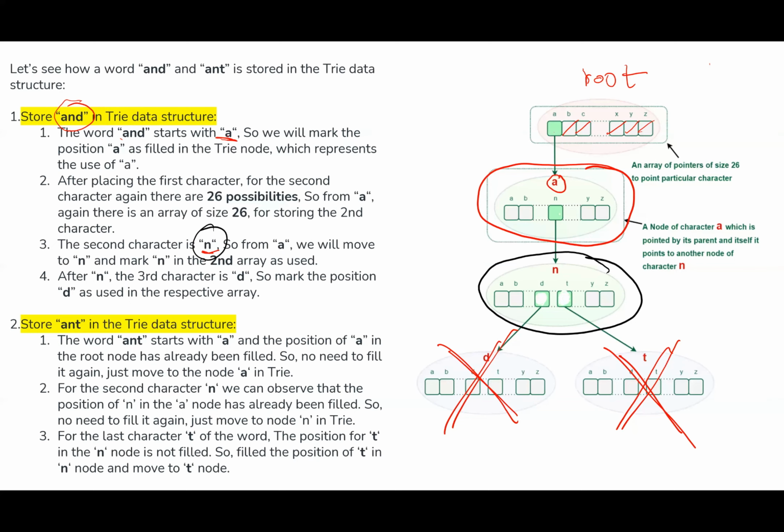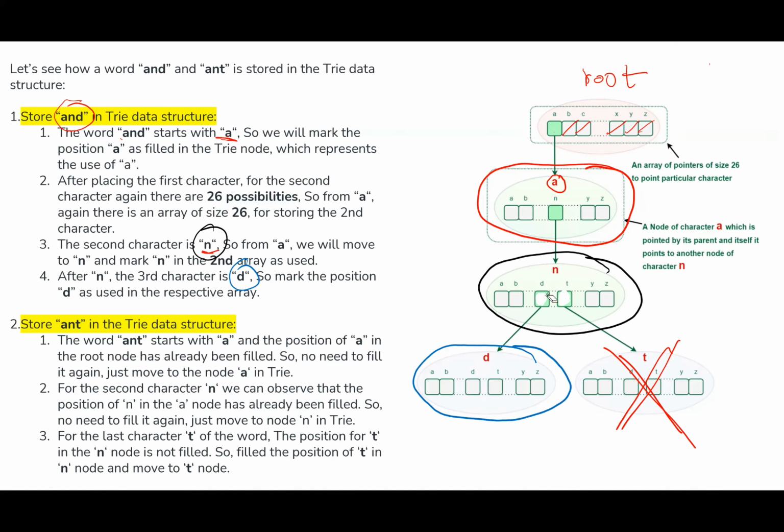Okay, next the character is D. So we create another trie node D, and we link it.